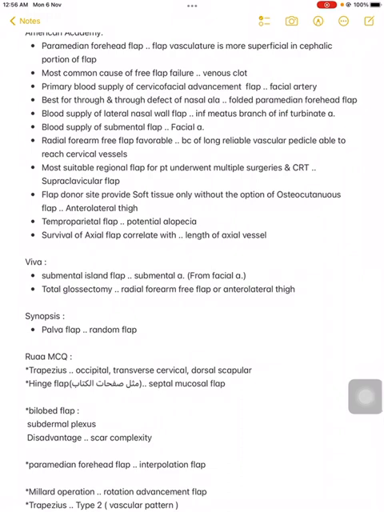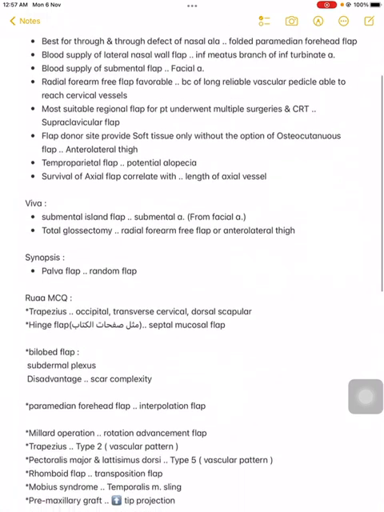In Byron Bailey, there is an MCQ and they choose rectus abdominis. And in Myers operative, regarding the radial forearm flap, they mentioned that it should be avoided in reconstructing total glossectomy defect. So pay attention and read the options provided in your question and answer accordingly.